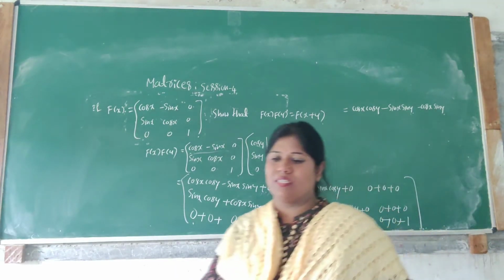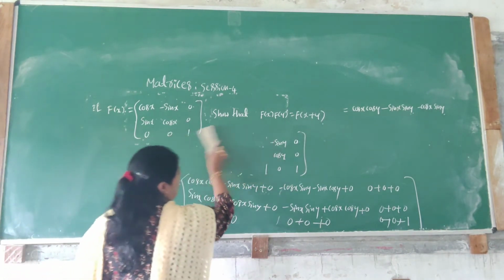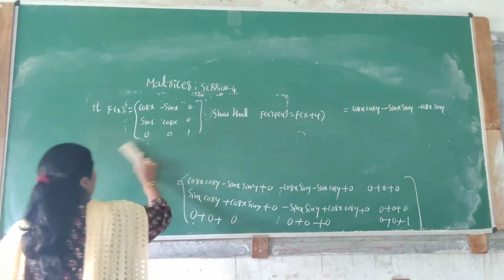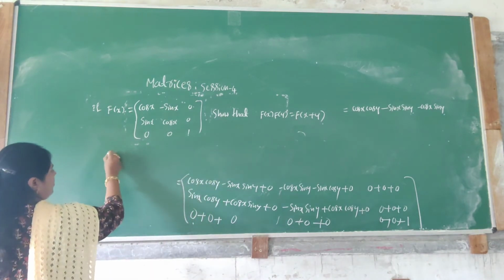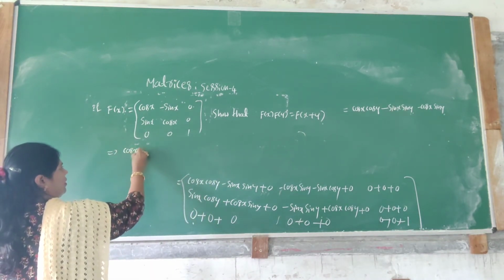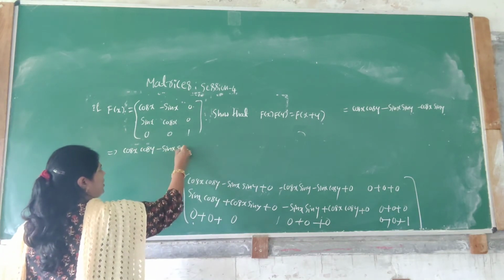I will write it here, because I'm not going to do it here. Okay. I will repeat. So cos x cos y minus sin x sin y.